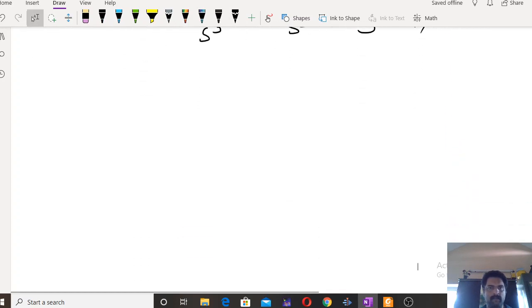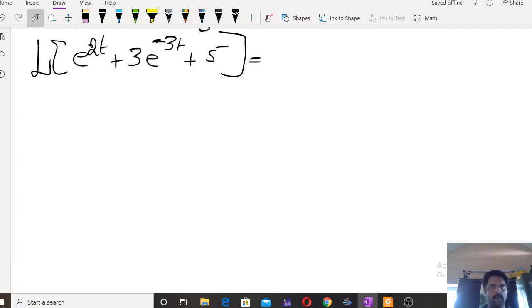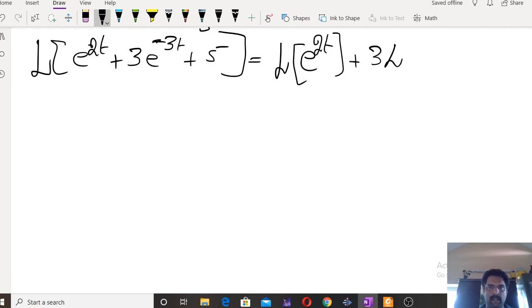So now let's consider the Laplace transform of e raised to t plus 3 e raised to minus 3t plus 5. Again by the linearity property, it is the Laplace transform of e raised to 2t plus 3 times the Laplace transform of e raised to minus 3t plus 5 times the Laplace transform of 1.